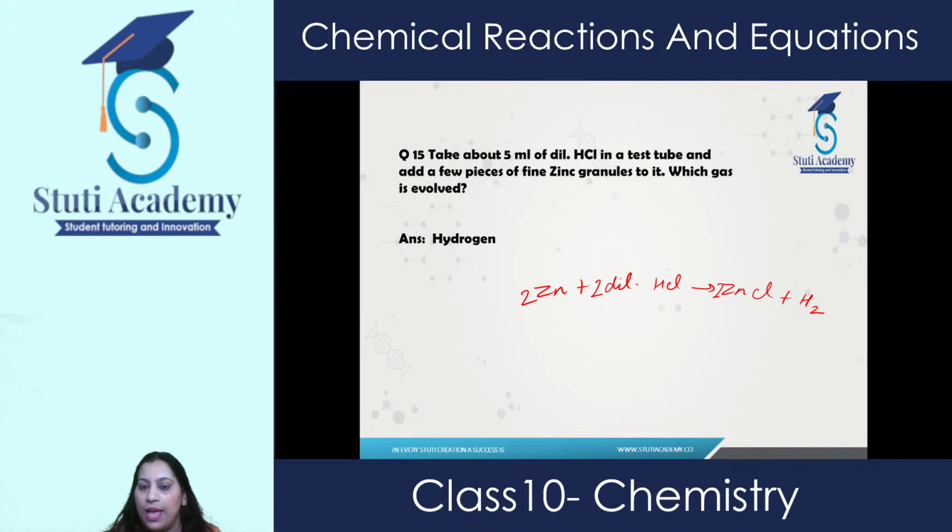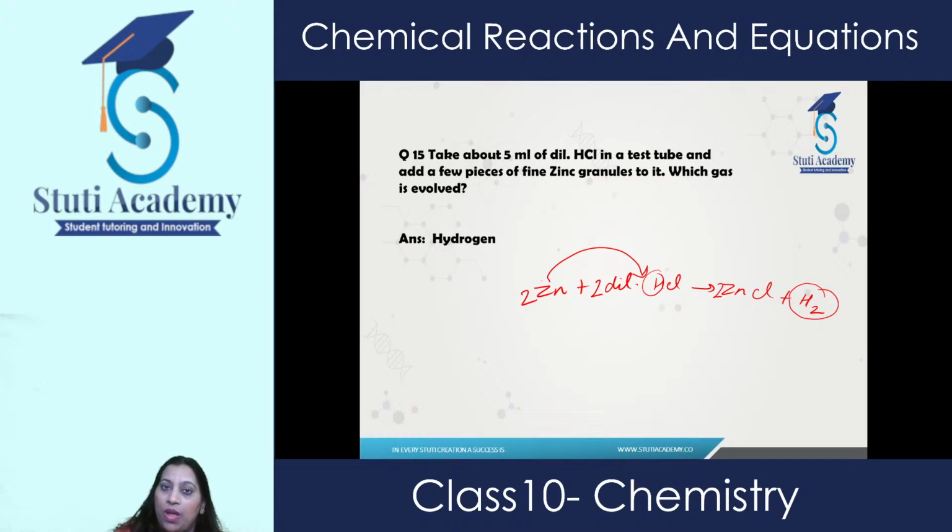Now look at the reaction. Now it's completely balanced. When zinc reacts with dilute hydrochloric acid, it results in the formation of zinc chloride, and hydrogen gas evolves. Now tell me why zinc displaces hydrogen from this HCl. Any idea? Yes, because zinc is more reactive than hydrogen.